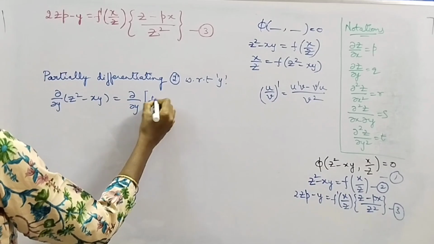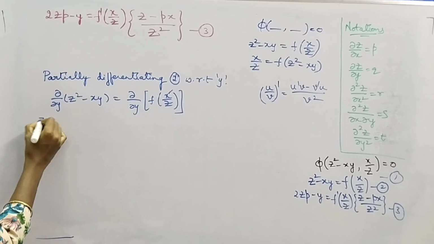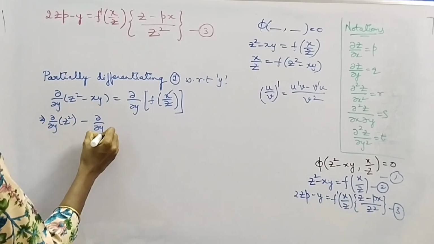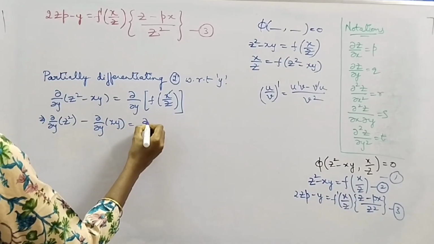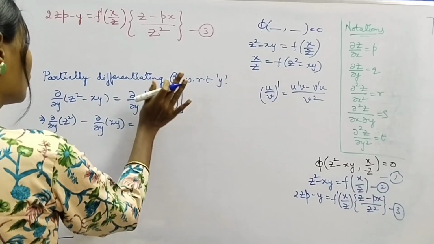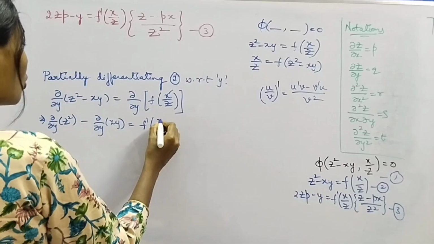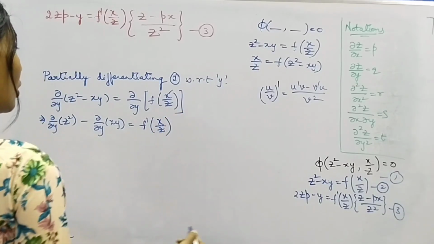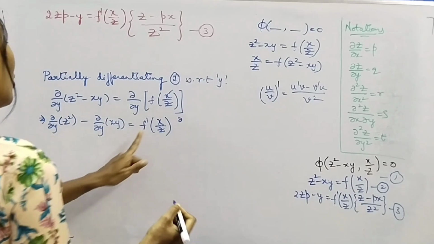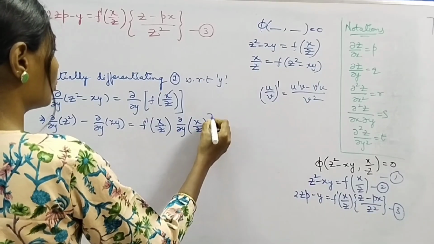Since we are partially differentiating with respect to y, we'll treat x as constant. This gives us dou by dou y of the first term minus dou by dou y of the second term equal to dou by dou y of f of x by z. The derivative of f of x by z is f dash of x by z into the partial derivative of x by z, that is the inner derivative.